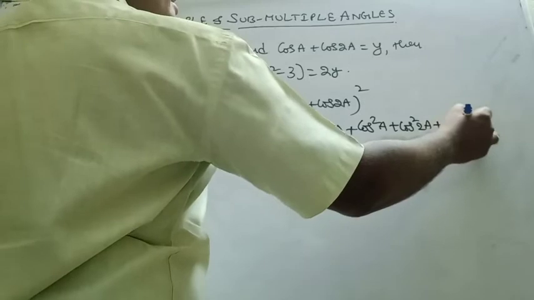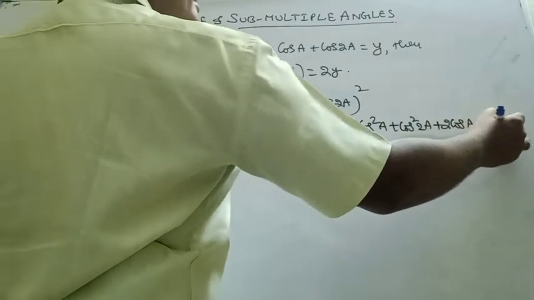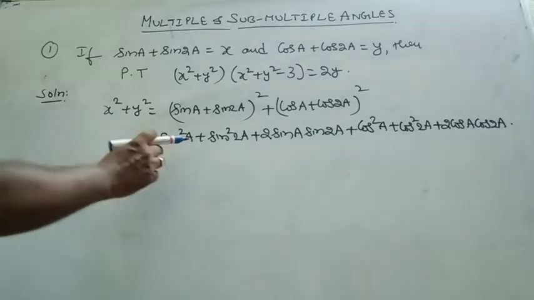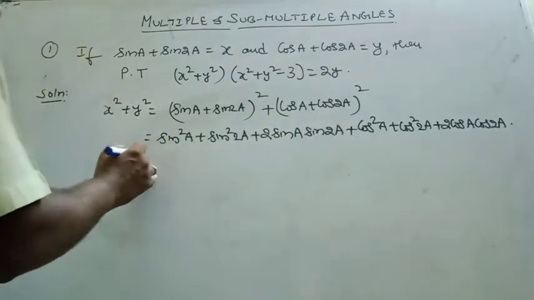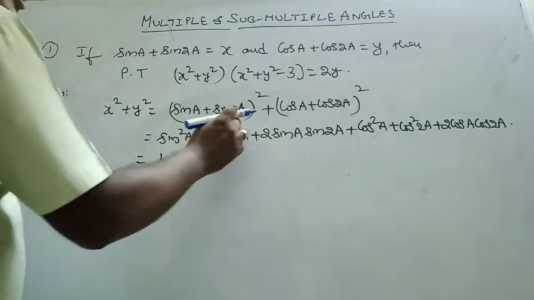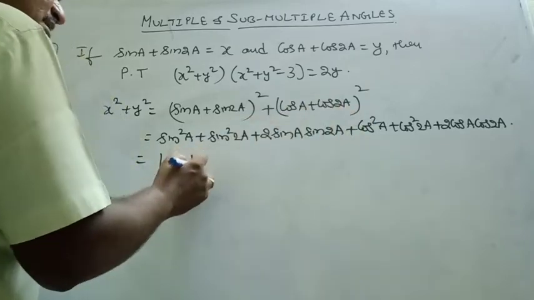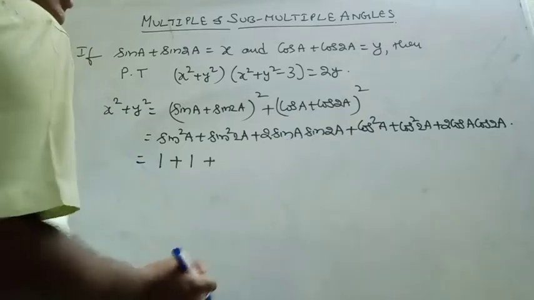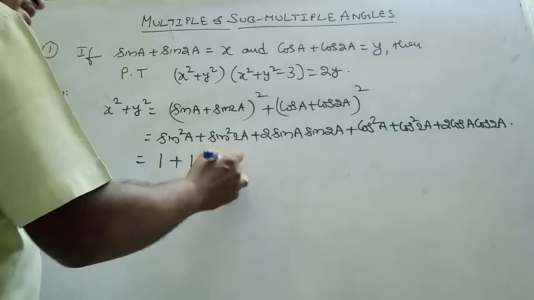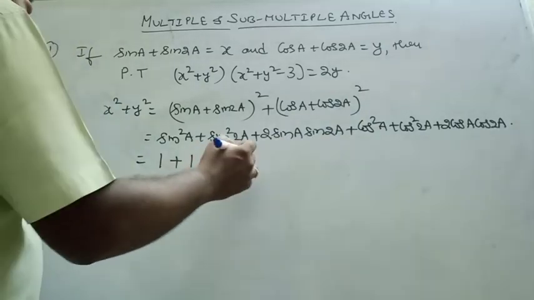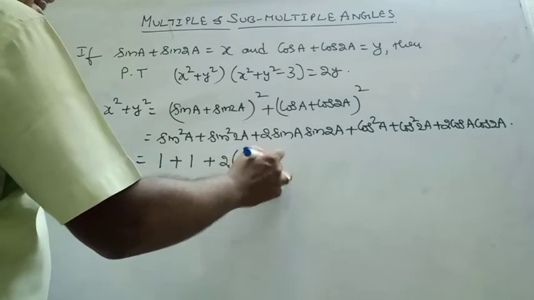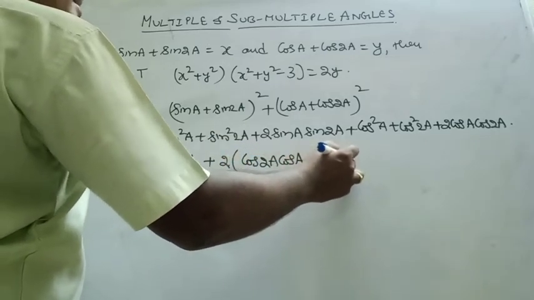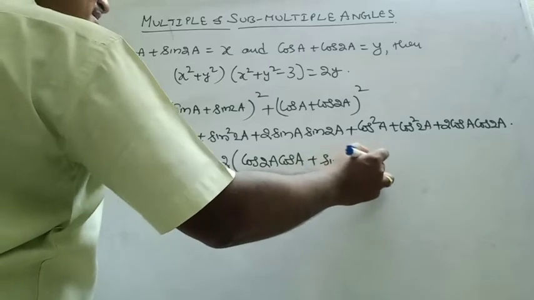Now see, my dear students, sin square A plus cos square A is 1, and sin square 2A plus cos square 2A is also 1. Plus we have 2 sin A sin 2A plus 2 cos A cos 2A. If we take 2 common, we have cos 2A cos A plus sin 2A sin A.